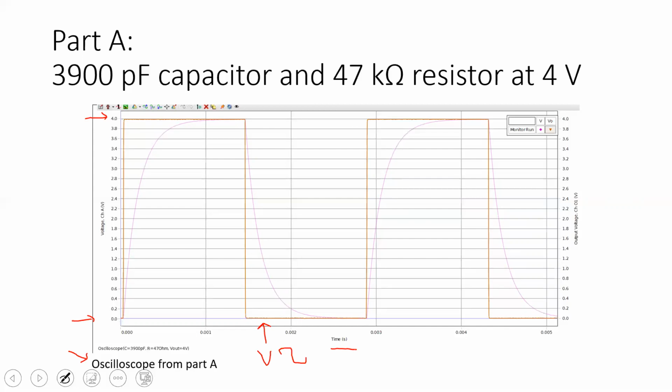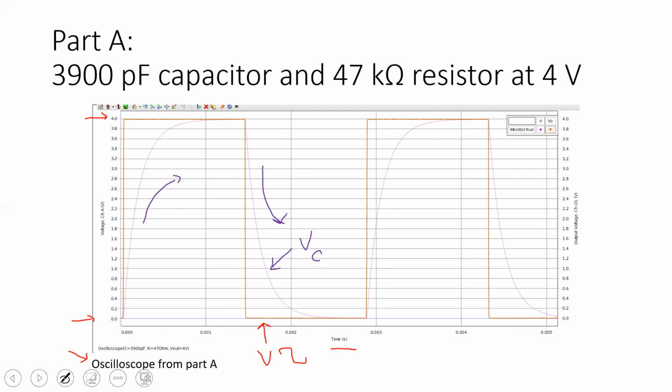Now, next to that, the other image you're seeing there that's in that purple color, that right there is my voltmeter. So that is my voltage across the capacitor. And you can see here, there is an exponential increase, and here there is an exponential decrease.